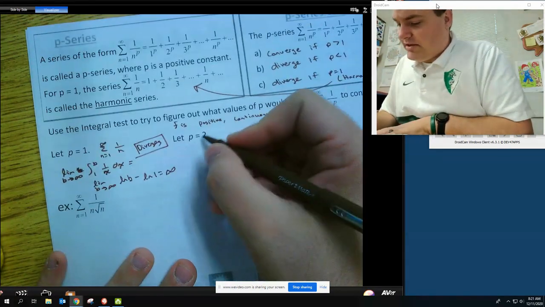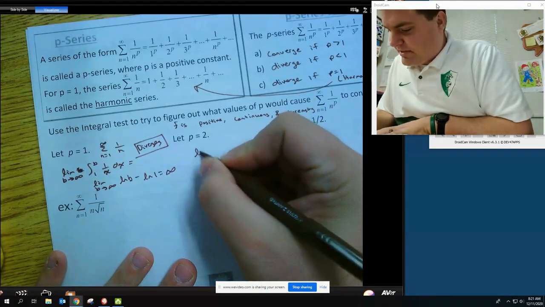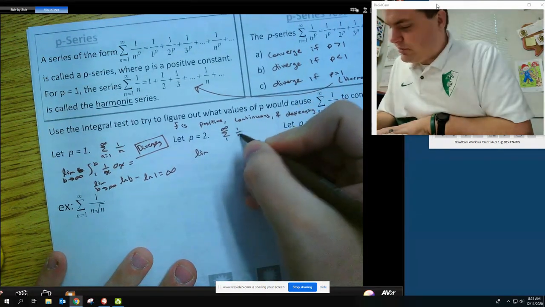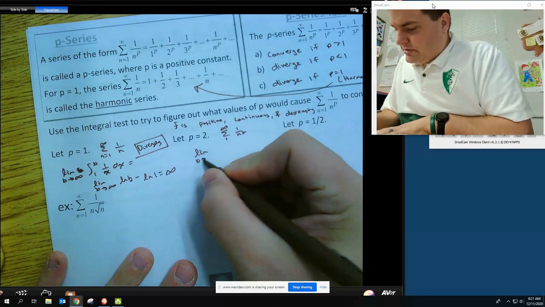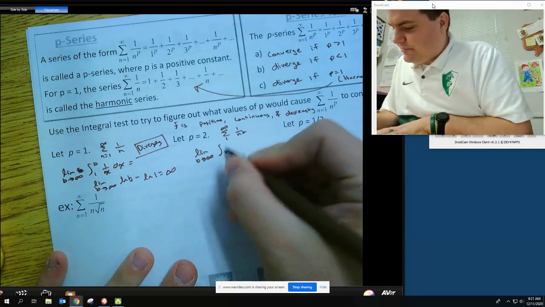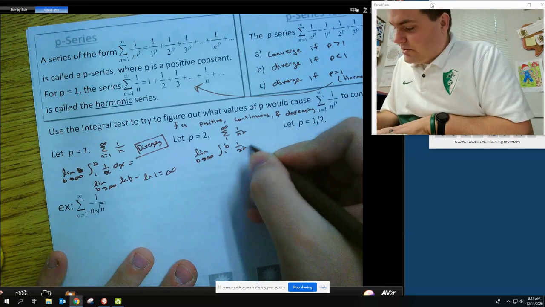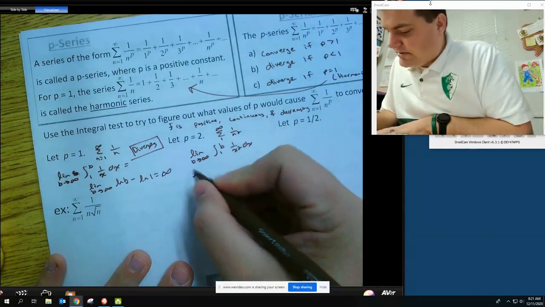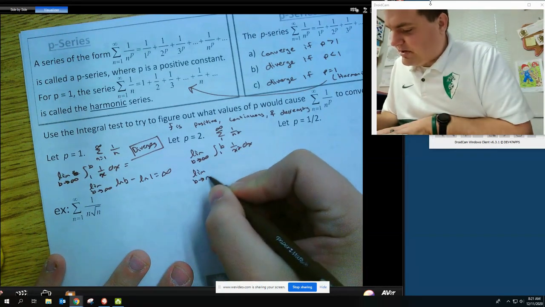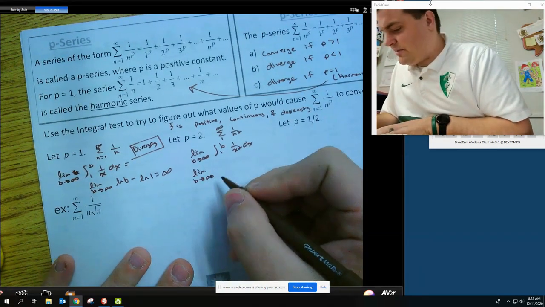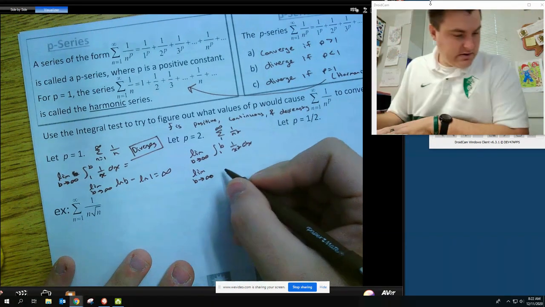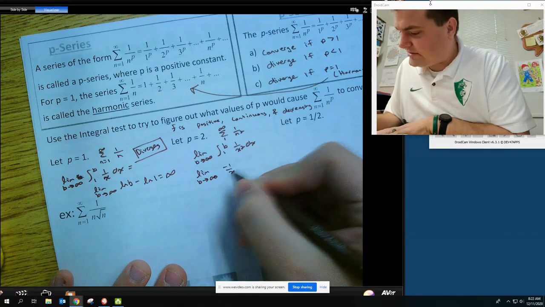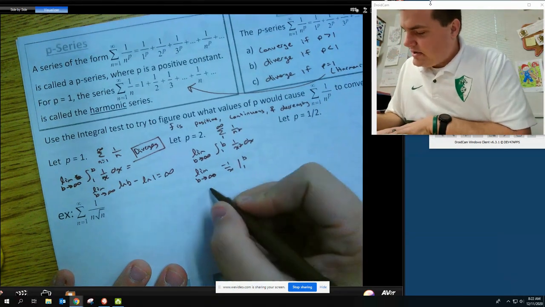What about when p is equal to 2? We're going to do the same thing. This is for 1 over n squared. So as we go to infinity, the limit as b approaches infinity of the integral from 1 to b of 1 over x squared dx. The antiderivative here is going to be negative 1 over x, evaluated from 1 to b.